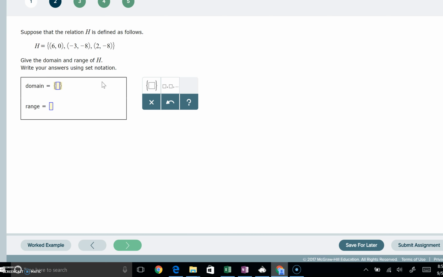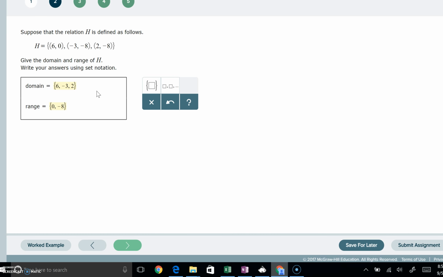What's the first one? A 6. Then we say comma, then a -3, then a comma, and then what? A 2. Perfect example going down to the range. You need the brackets. You're going to have to go above the times and click it. Then the brackets show up. Hey, what's my range here? 0, comma, then what?